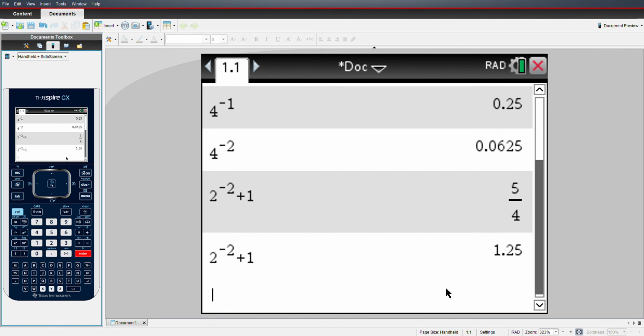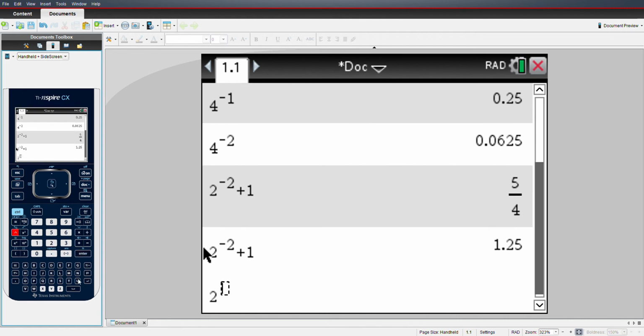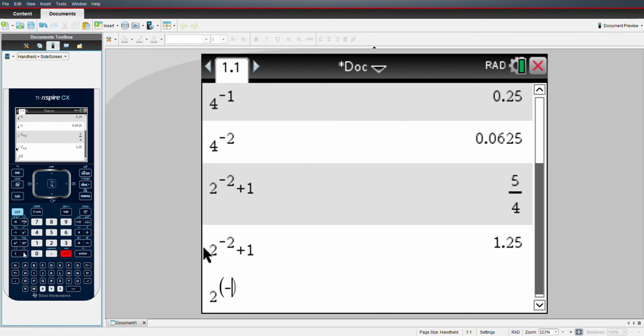Let me do one more and I think we should be done. So I'm going to do 2 to the power, what's the next one? Negative 1. And again, I'm just following along with the notes. Negative 1. Close parentheses, move the arrow to the right, and do the plus 1. Do control enter just to avoid any fractions right away if you want to.